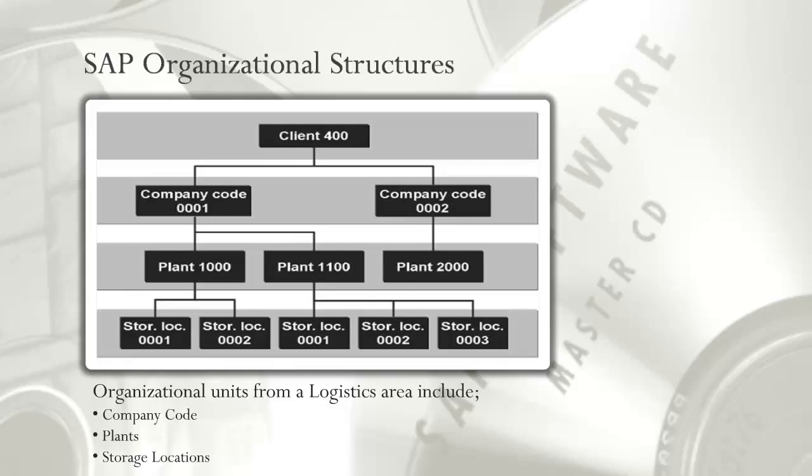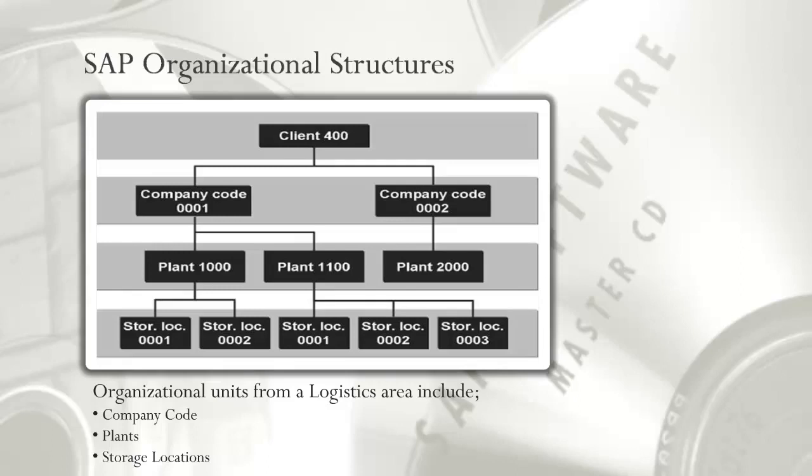In the case of company code 0001, there are two production plants, Plant 1000 and Plant 1100. However, the chart shows only one production plant for company code 0002. Notice that each of the plant locations has corresponding storage locations at the bottom of the chart.